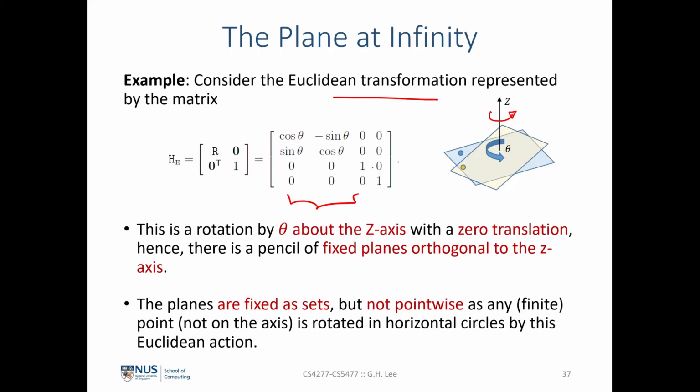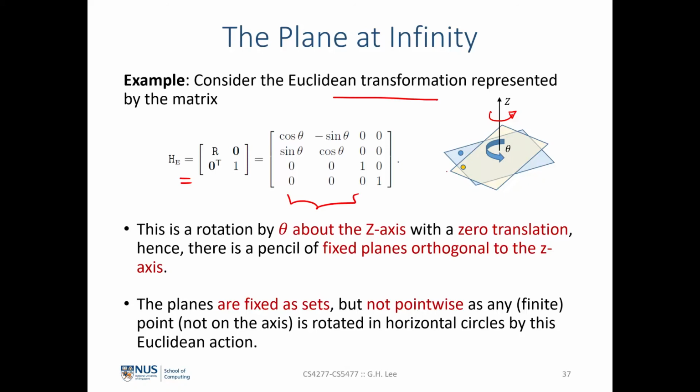And we can see that this particular Euclidean transformation here, this plane here that is being rotated, it's going to stay invariant, because after rotation and before rotation, it's still going to be the same plane.